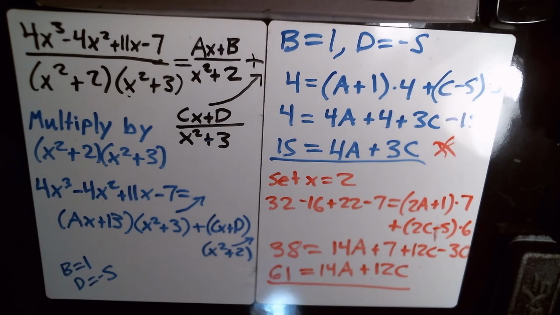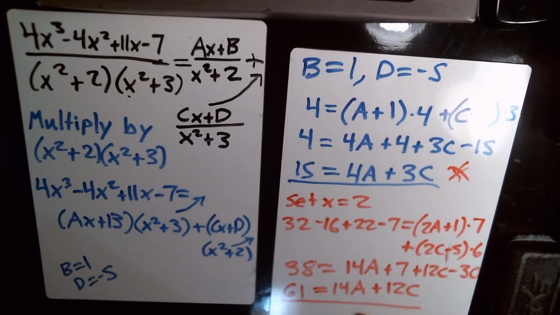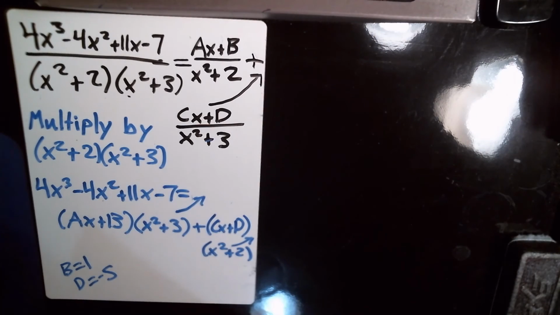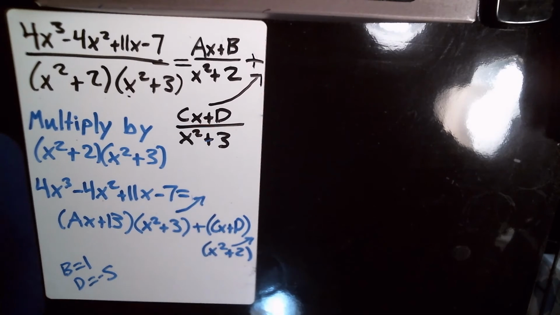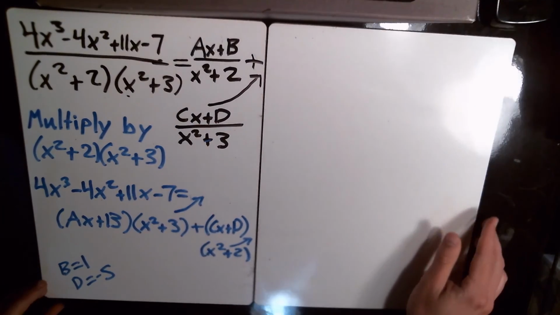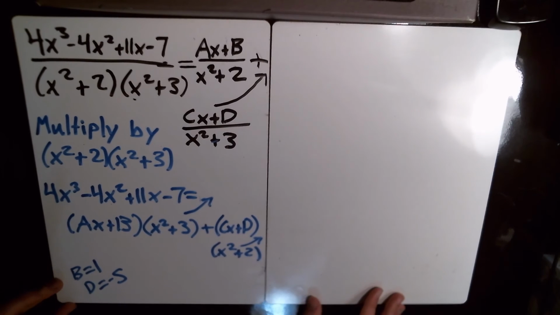I've used all my whiteboards, so I'm going to copy down those equations on a fresh one. This is a terrible problem. I don't know if you've noticed that already. Probably have.